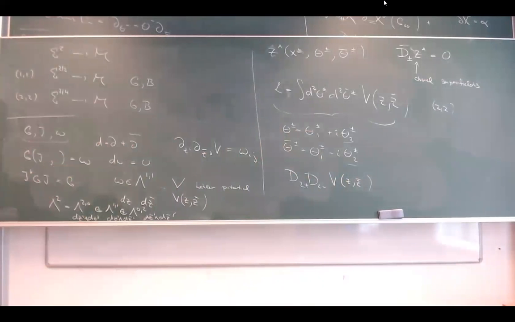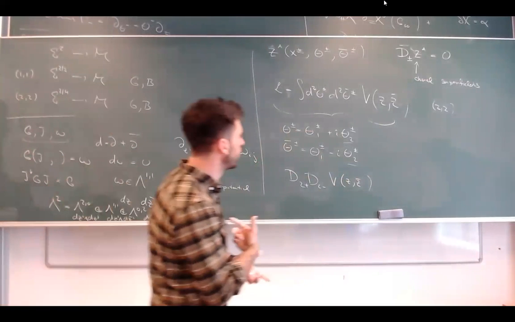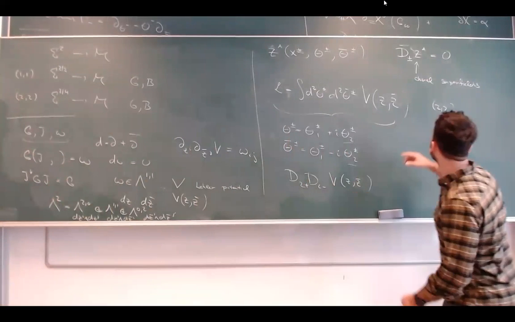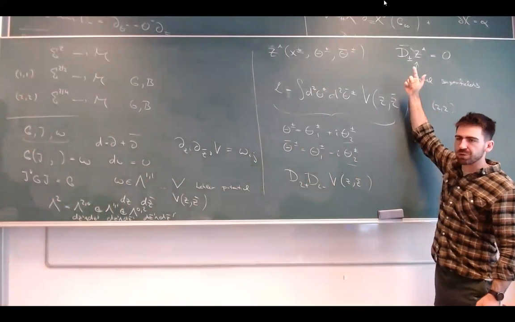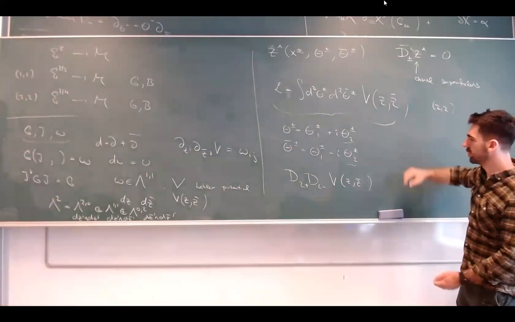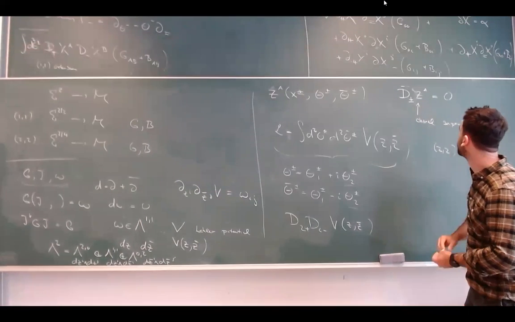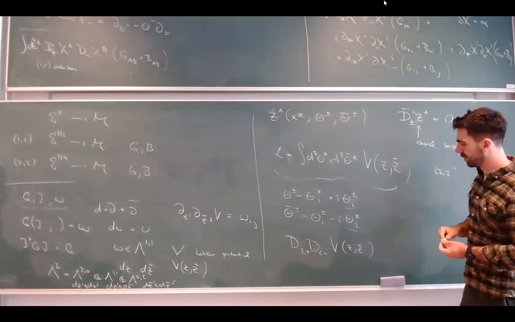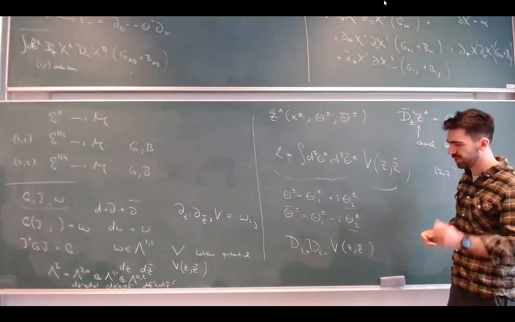But I need to remember that while I'm doing this, I'm using these constraints, which allows me to switch between D1 and D2, right?